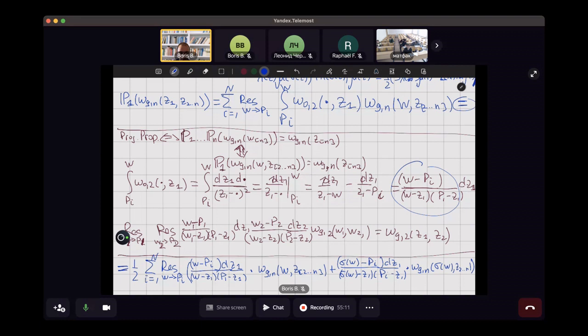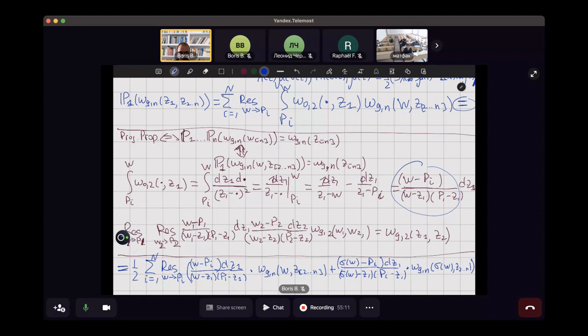Okay, I think it works as follows. We know that by the projection property this is omega gn, and so we have the sum of two residues here. This is omega gn.